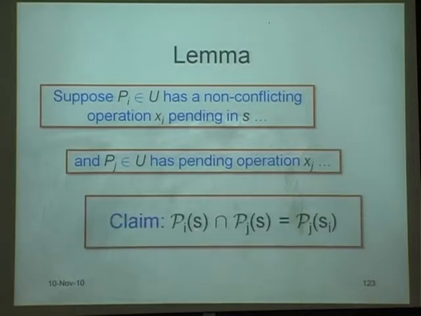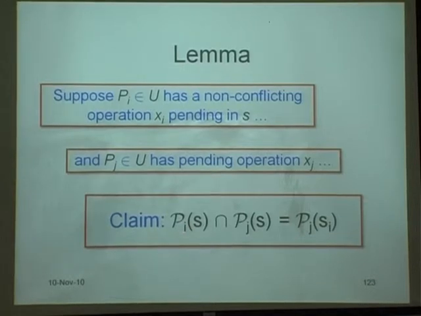The claim is that if we look at all the executions starting in S where PI went first, and all the executions in S where PJ went first, that's the same as letting I go first, and then looking at the reachable complexes if J goes first.